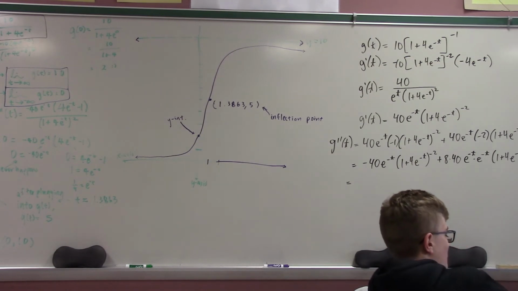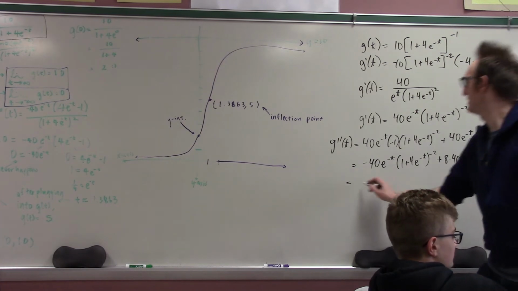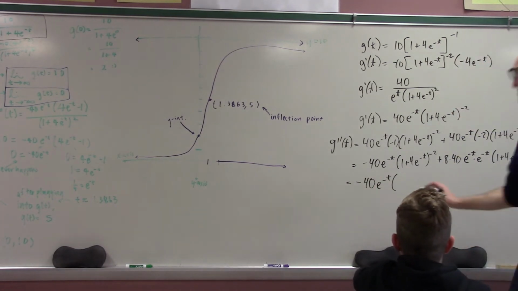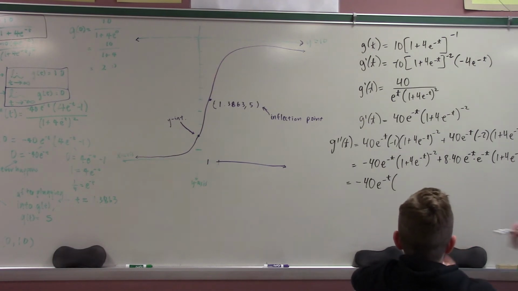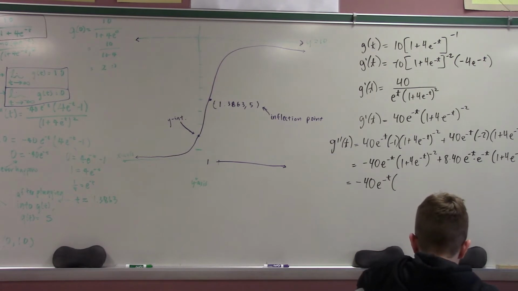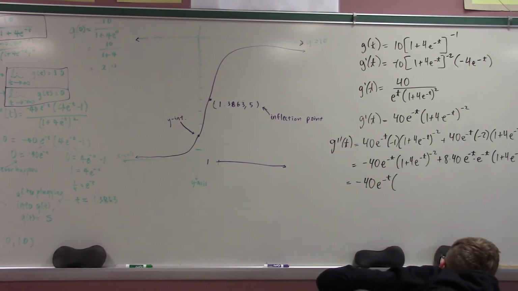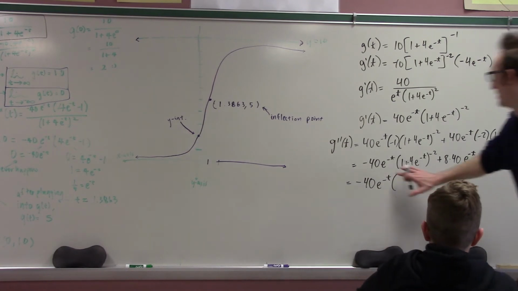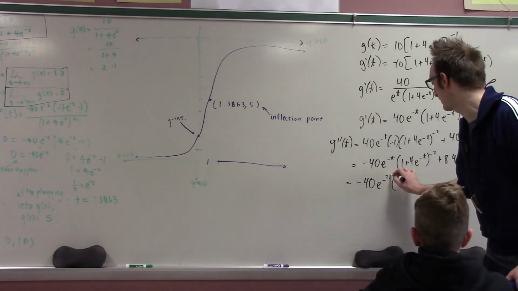So let's factor out a negative 40 e to the negative t. It almost doesn't matter how you do this at this point. Maybe I want to factor out e to the negative 2t. That would be, according to protocol, the way to do this.